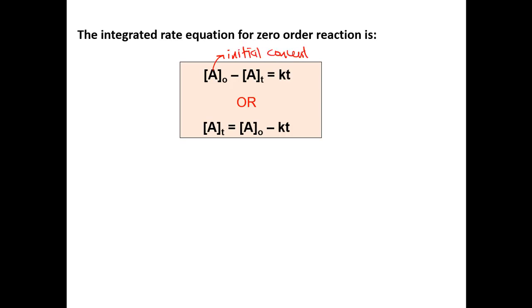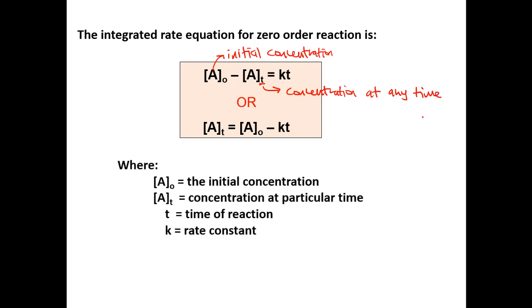Dan T pula ni adalah concentration at any time lah, bergantung lah pada soalan lah. So A0 tu initial concentration, AT tu adalah concentration at a particular time, T tu adalah time, dan K tu adalah kita punya rate constant lah. So ini adalah integrated rate law untuk zero order reaction. So equation ni you kena hafal lah.